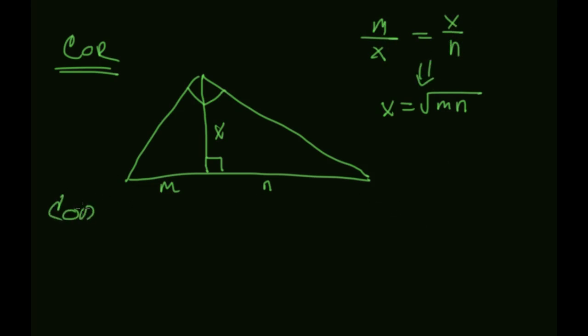The second corollary, given the same drawing, okay, so we're going to call this C down here. Actually, we don't need that for this, so we're going to get rid of it.